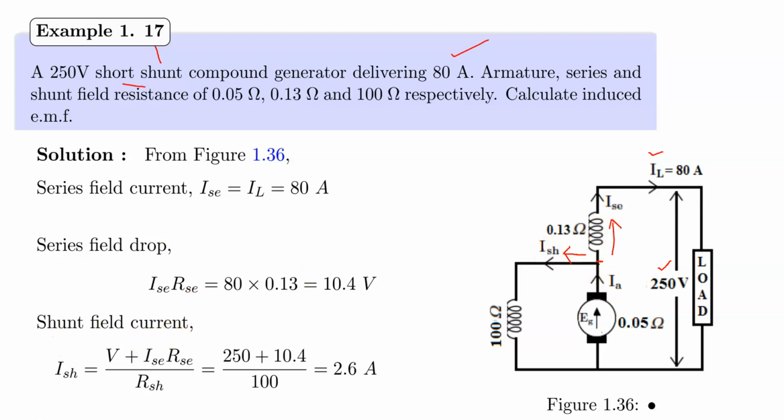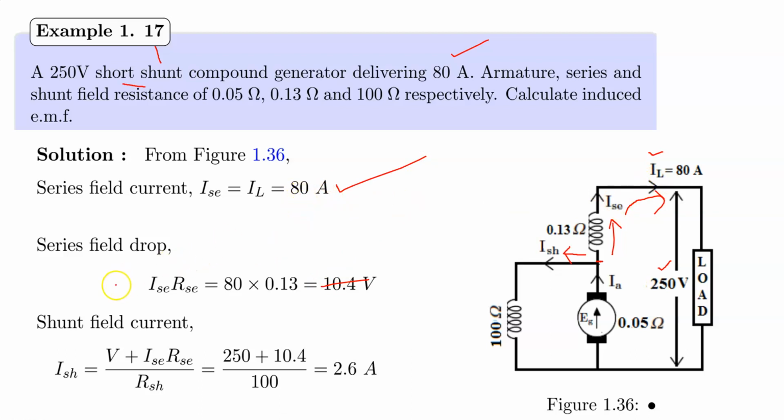But the same current ISC is moving to the load side. So ISC is equal to IL. We already know the value of IL, so ISC is equal to 80 ampere.